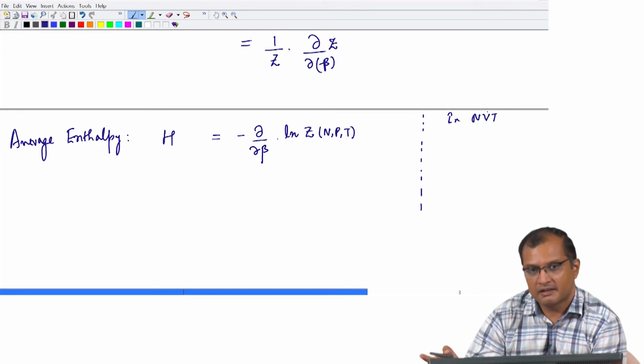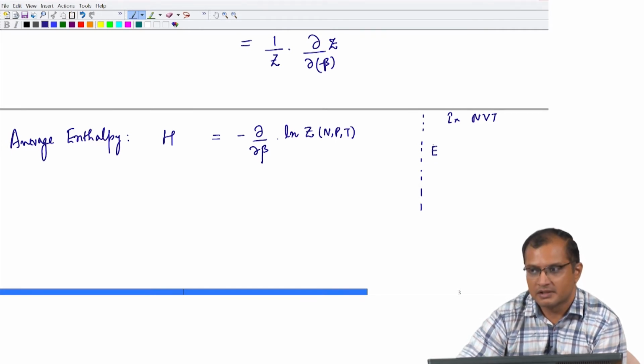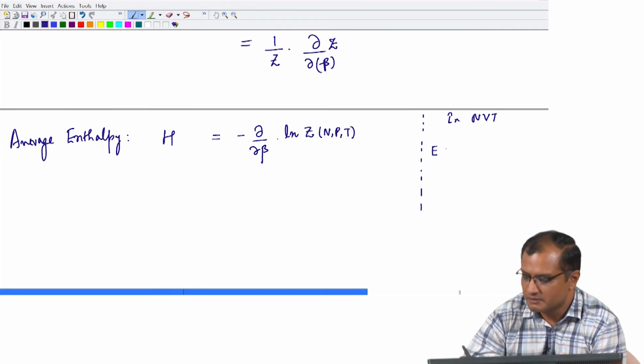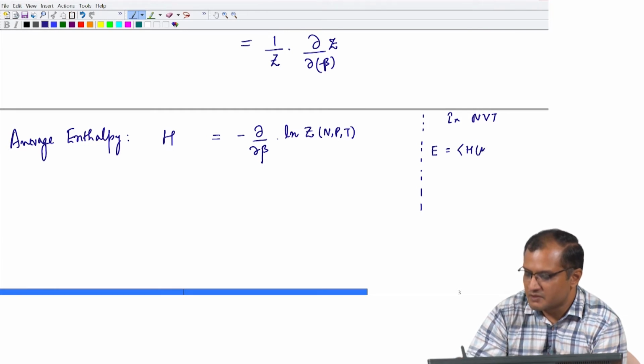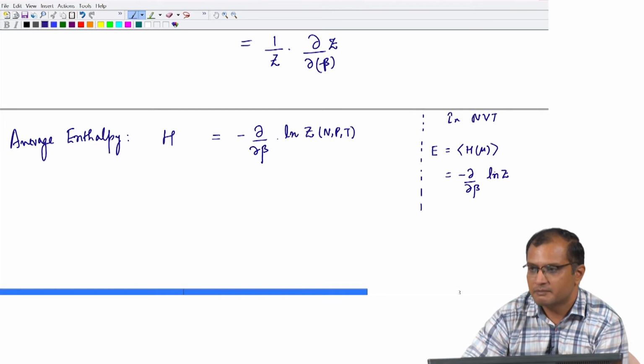There the relevant energy scale was just the total internal energy, or the average of the Hamiltonian. We obtained it as the average of the Hamiltonian, and we saw that this is equal to minus d over d beta of ln Z. Look at the beautiful symmetry here.